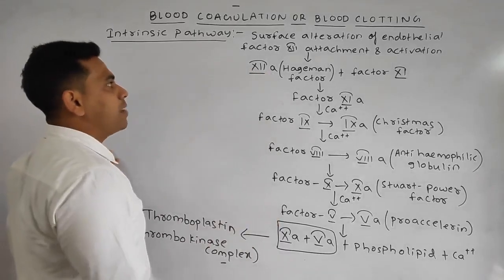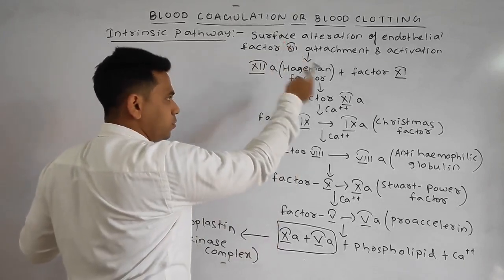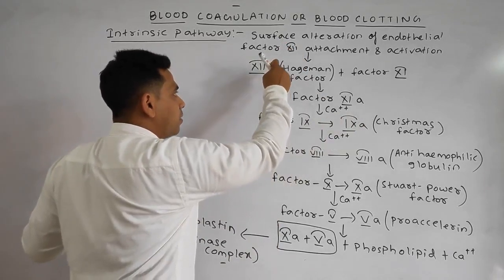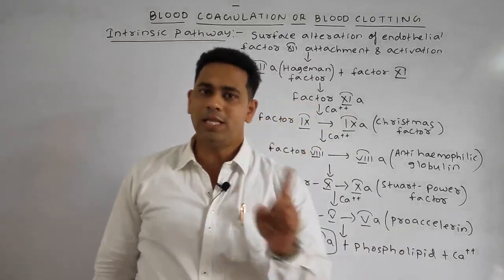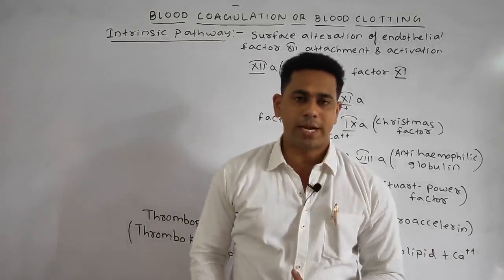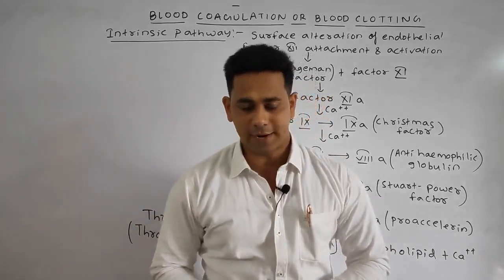You can see, students, I am writing somewhere only the factor number, and in some places I am writing the number with A. Means what? If I am writing only the Roman numeral, you should understand that it is the inactivated factor.